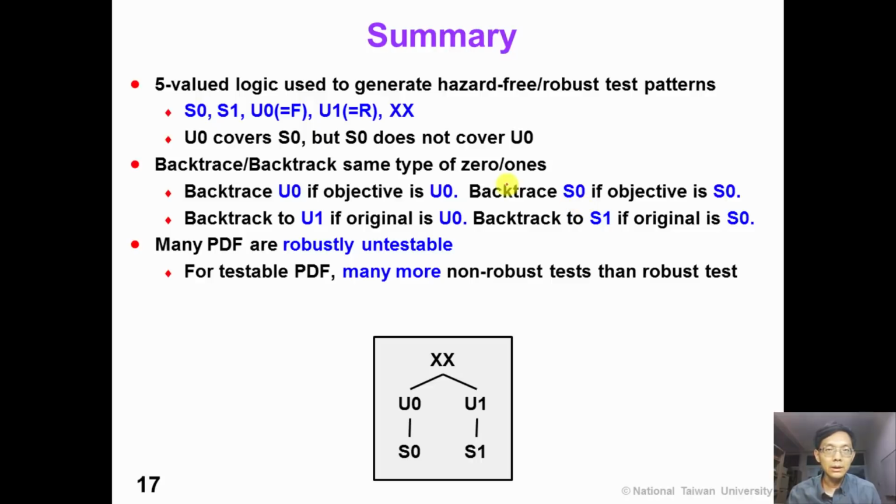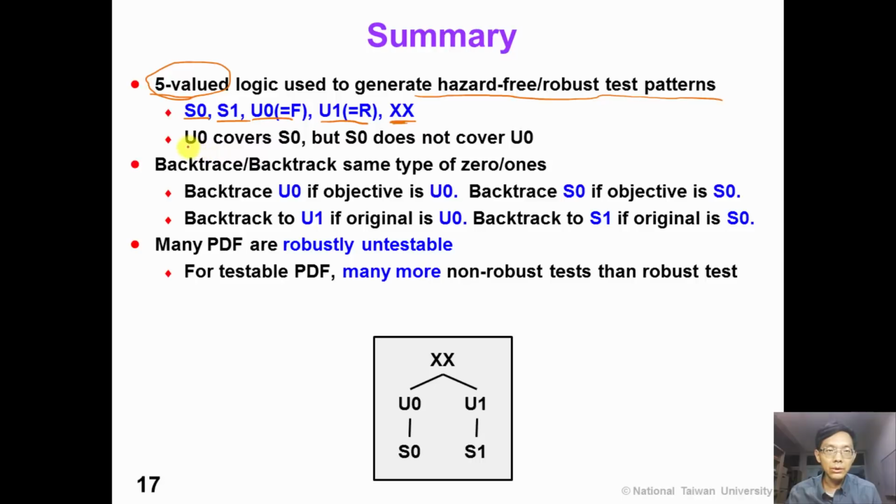Okay, here is our conclusion of this video. We have shown that we can use 5-value logic to generate hazard-free or robust test patterns. There are 2 types of 0 and 2 types of 1, and double X in 5-value logic.